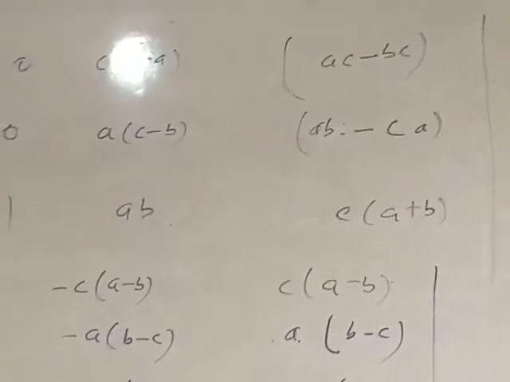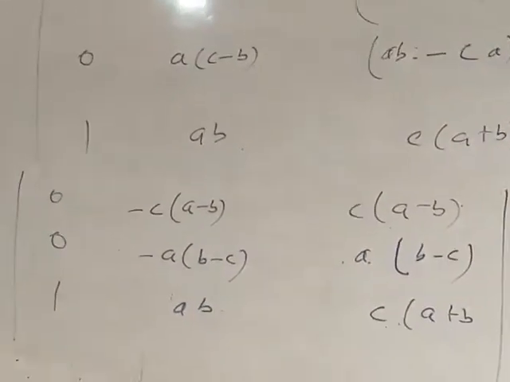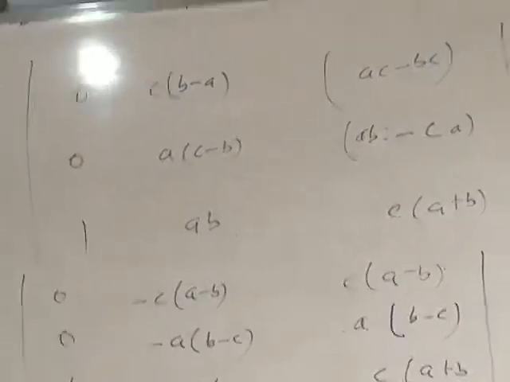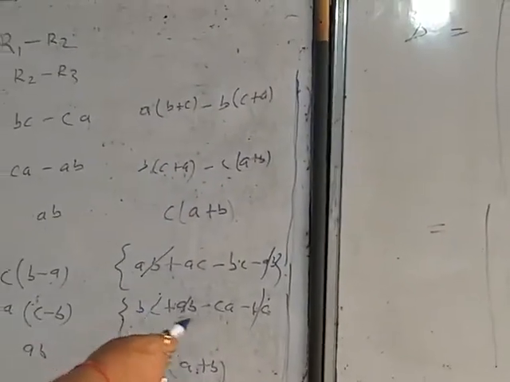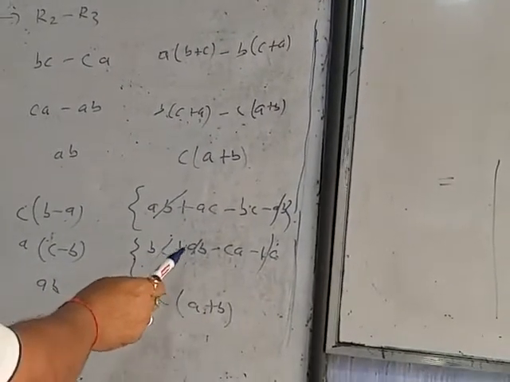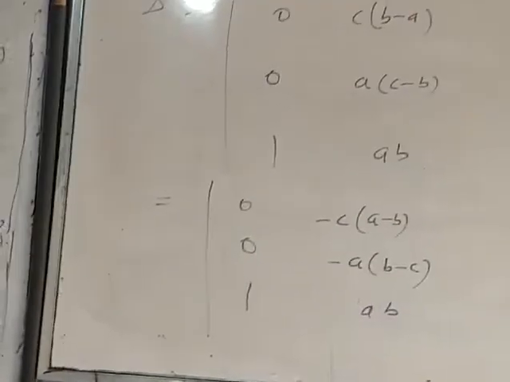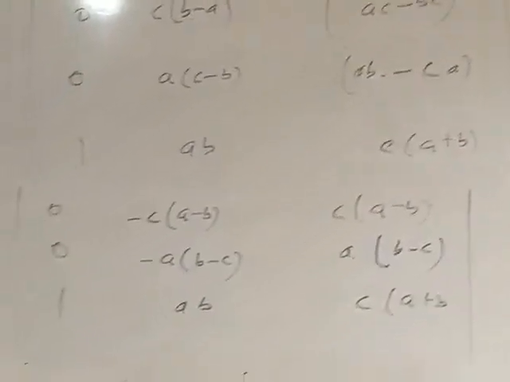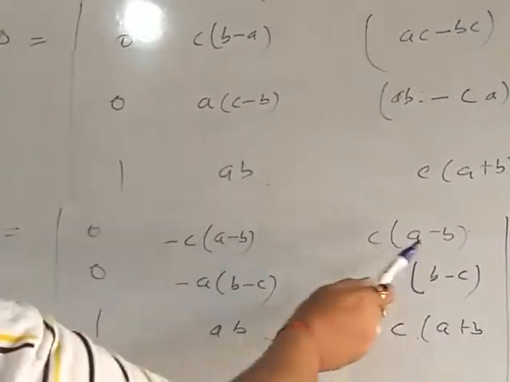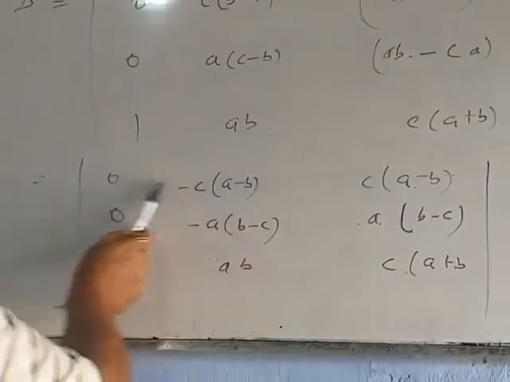So be careful in solving. There is a mistake here, so it is pointed out. BC can cancel. Now in the first row A minus B is there, so it should be common.